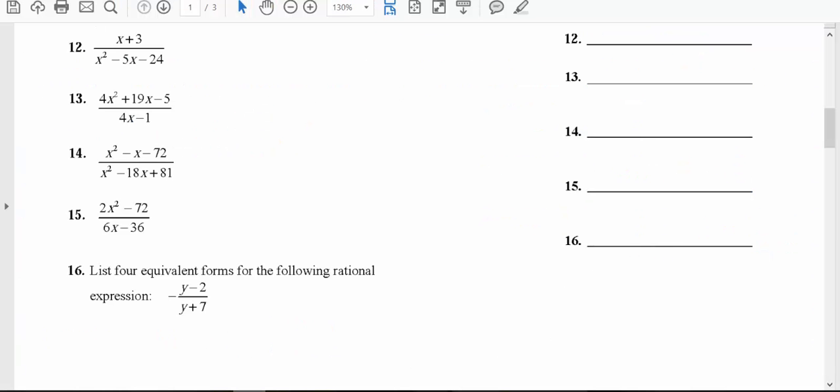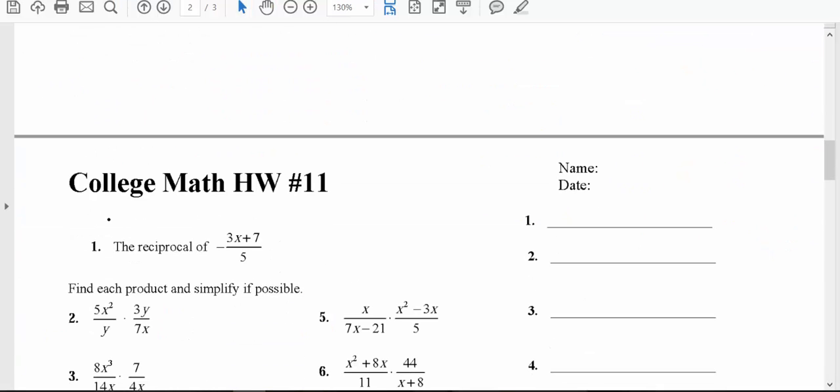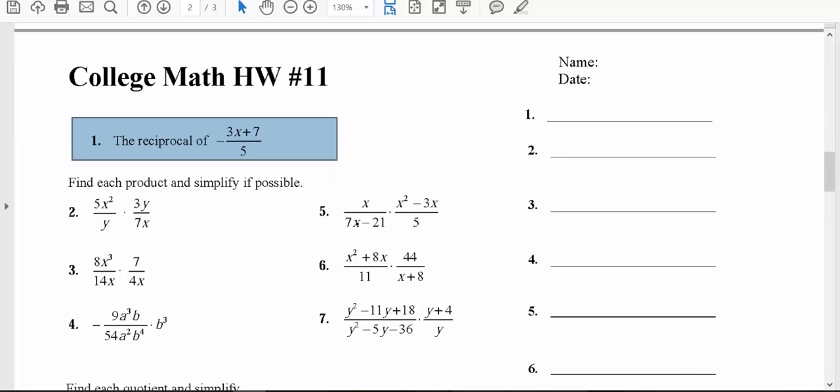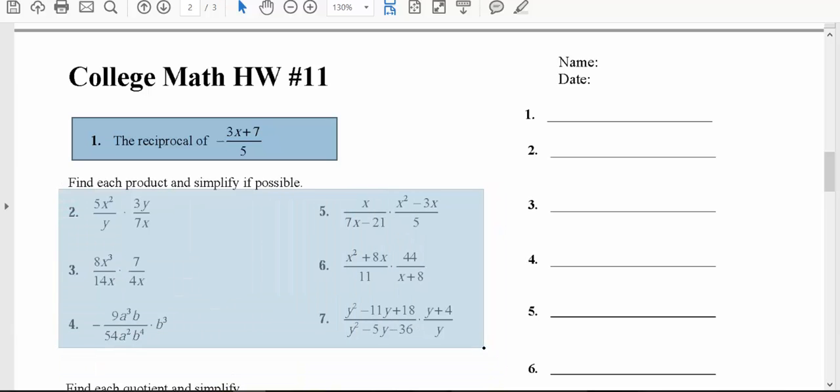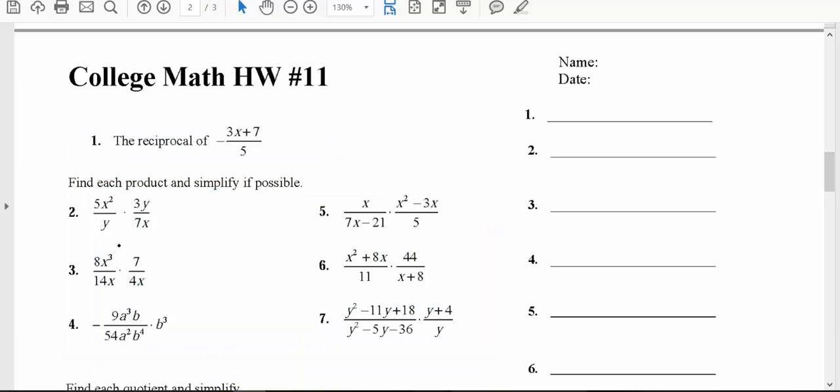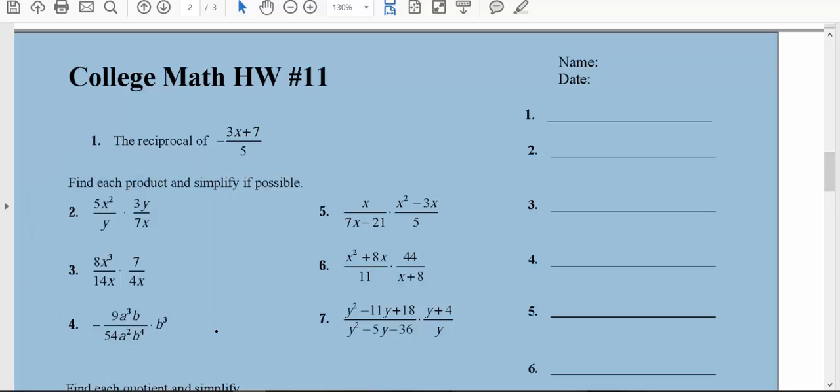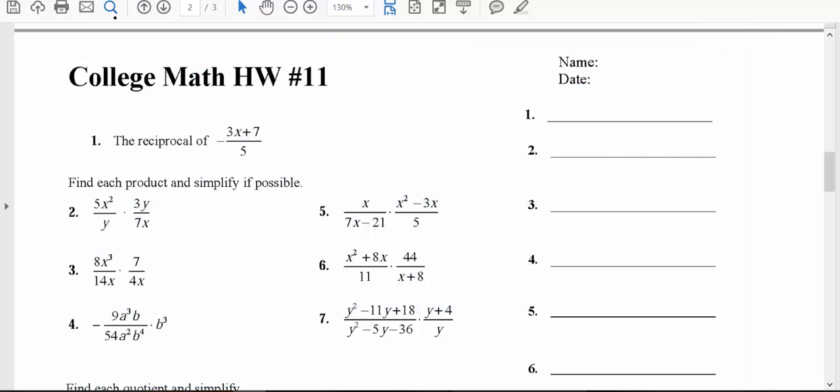And that's going to help you on number 1 of the College Math Homework 11. These are to multiply. So the first example that I did in this one, you're going to look at to help you with these.